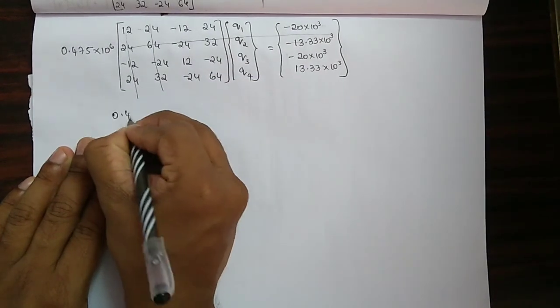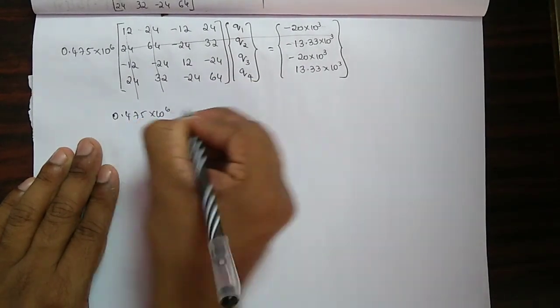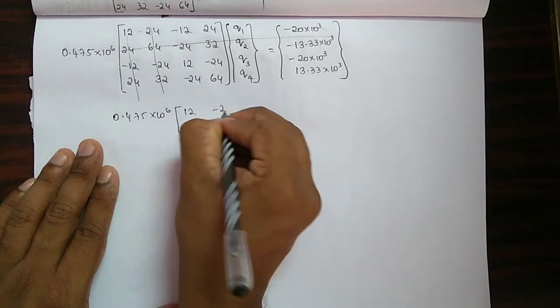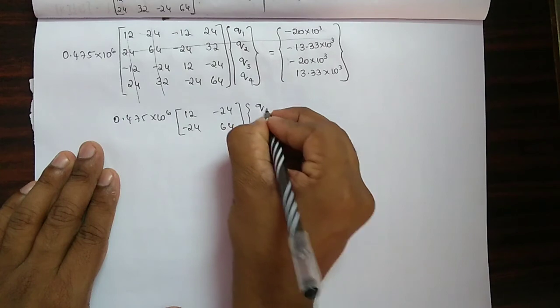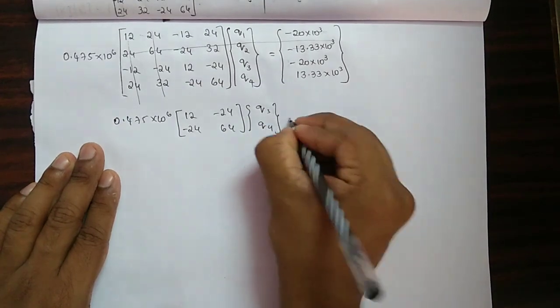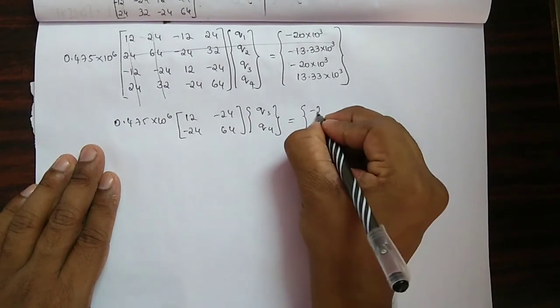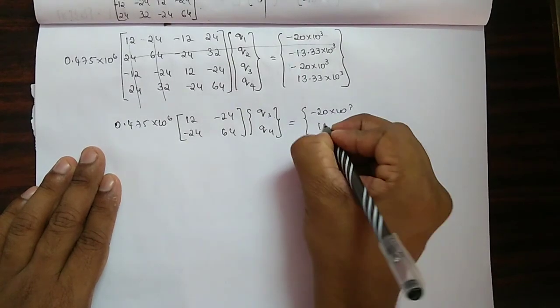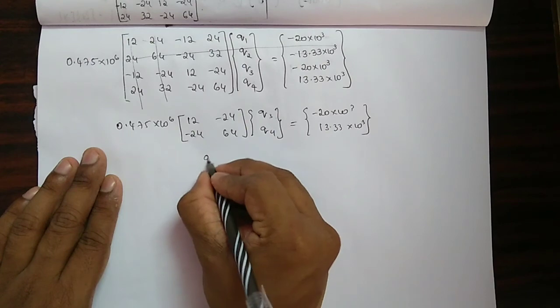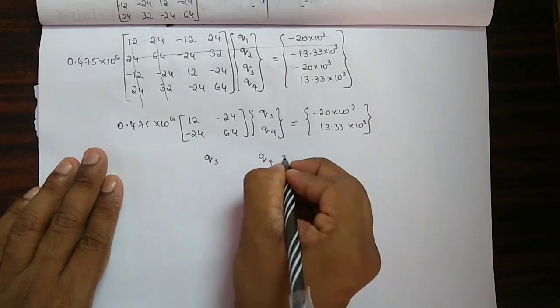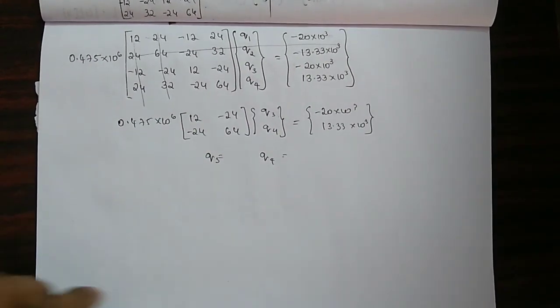I will write it separately: 475 into 10 raised to 6 times the matrix 12, minus 24, minus 24, 64 into Q3, Q4, equal to minus 20 into 10 raised to 3 and 13.33 into 10 raised to 3. So this is what we are getting, and the Q3 and Q4 values will be found out from the calculator.